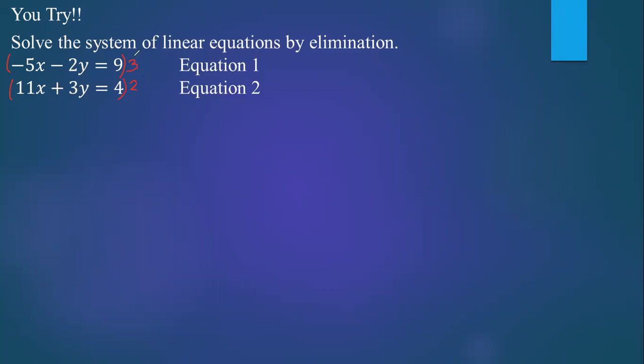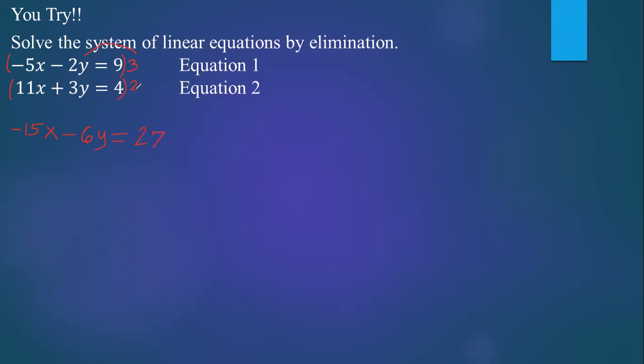Now, distribute 3 times negative 5x. So that will be negative 15x. Then 3 times negative 2y, that will be negative 6y. 3 times 9 equals 27. Follow, guys, so that it is easier to do it this way.